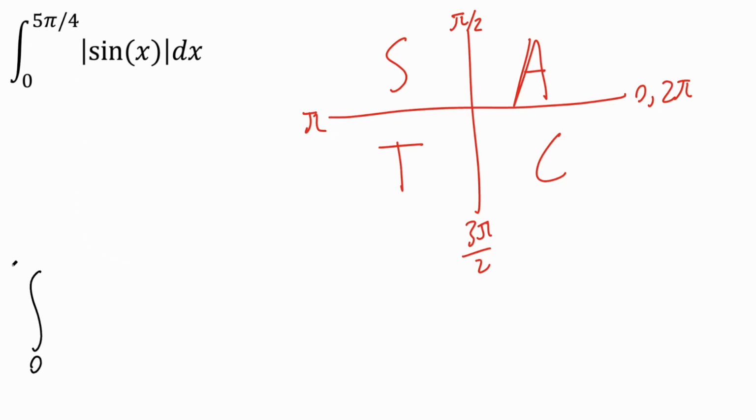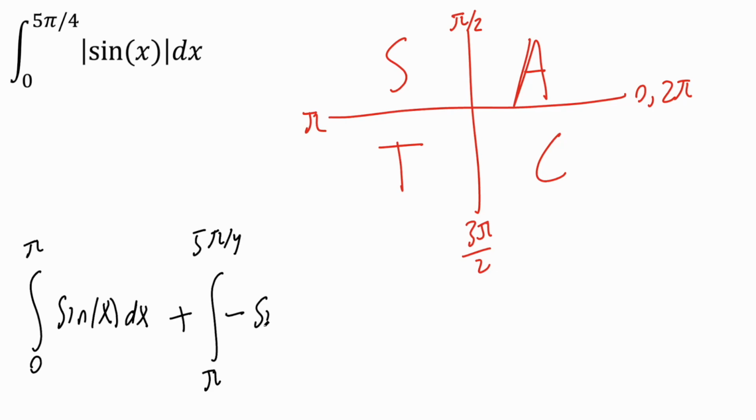We have from 0 to pi for sine x dx plus the definite integral from pi to 5 pi over 4. But it's different. This coordinate's negative, so you'll say negative sine x dx.